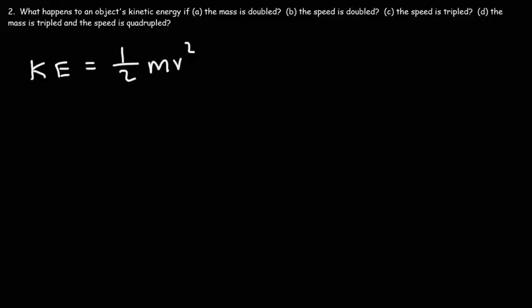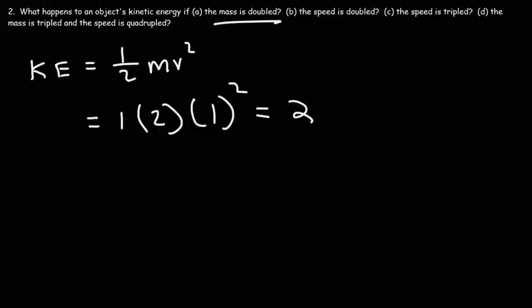And then for what changes, plug in the appropriate number. So 1/2 is a constant, we're just going to replace it with a 1. The mass doubles, so we're going to replace it with a 2. The speed doesn't change, so we're going to plug in a 1. And this will give us 2. What this tells us is that if you double the mass, the object's kinetic energy will double.